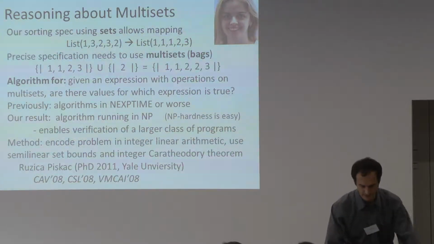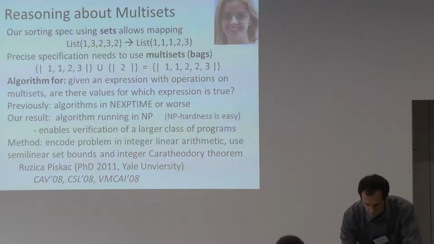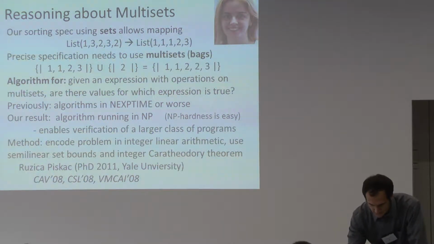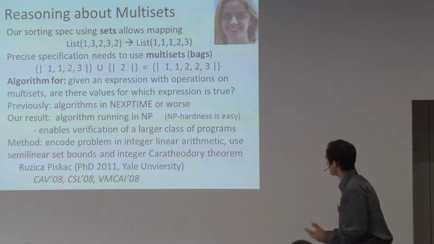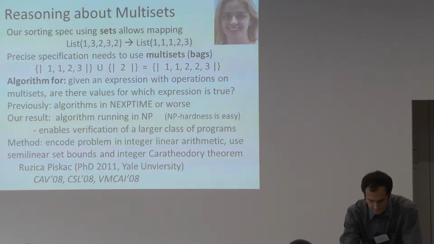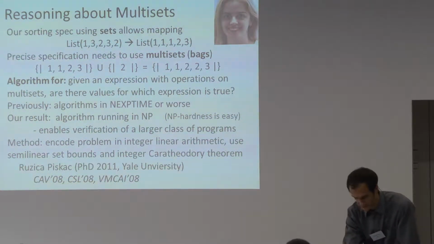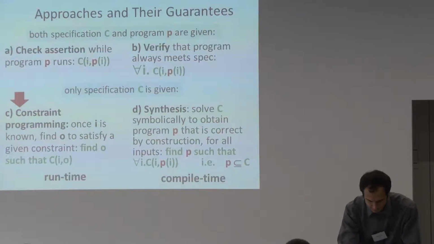And there we have some prototype, but integration into full-fledged SMT solvers is still to be done. So this technique is based on reductions to integer linear arithmetic, but through things like semilinear set representations of the Presburger arithmetic formulas.